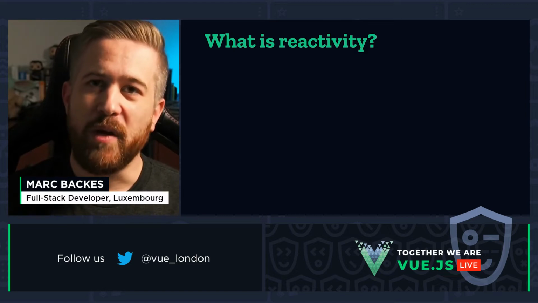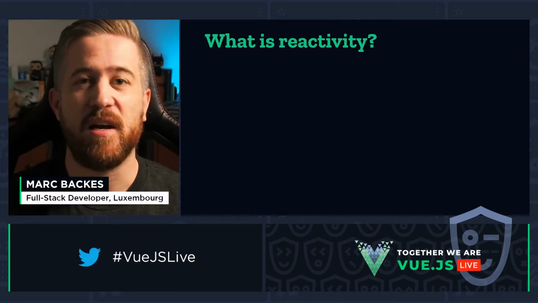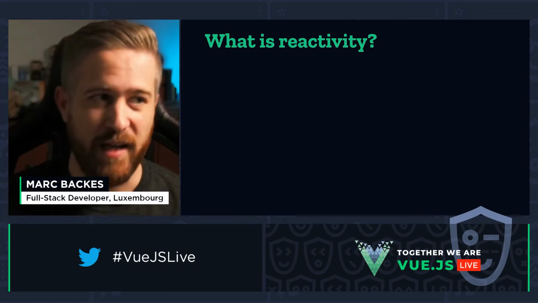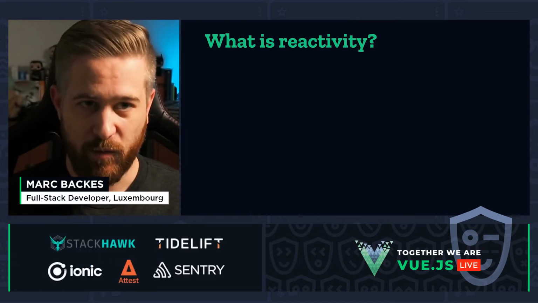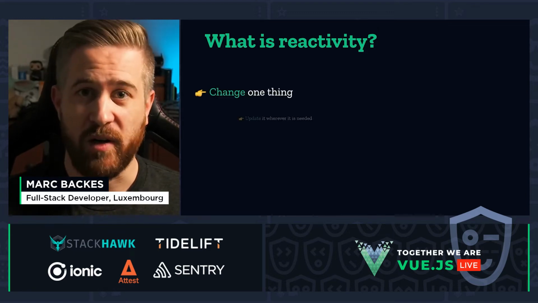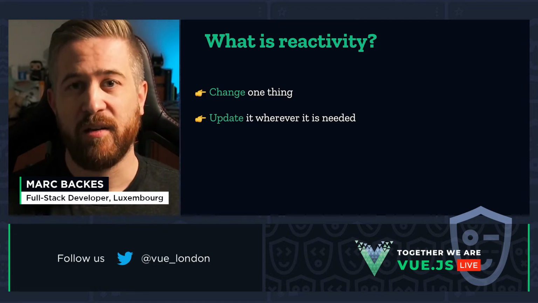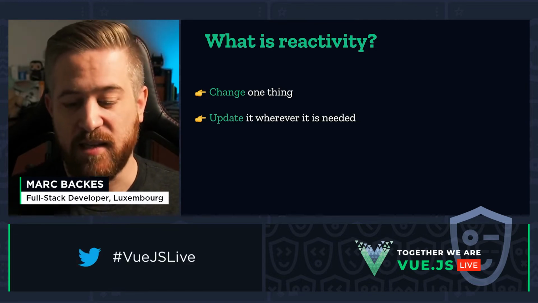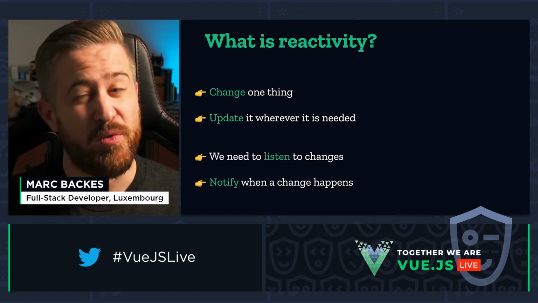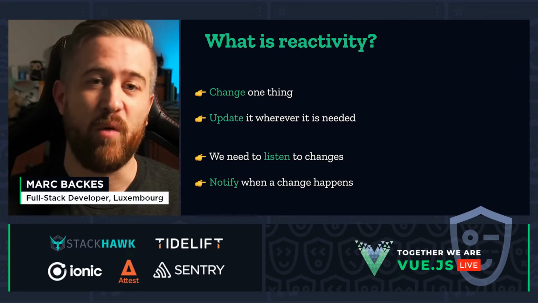All right, so we want to use Vue 3 reactivity in the backend. Before we get to that, we first have to know what reactivity really is. Reactivity is when you change one thing and it updates wherever it's needed. In order to do that, we need to listen to changes and notify when a change happens.